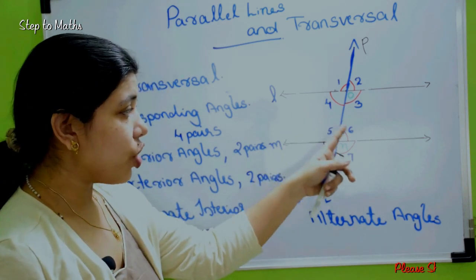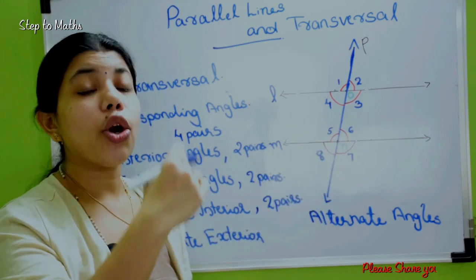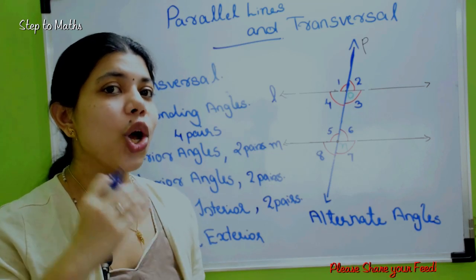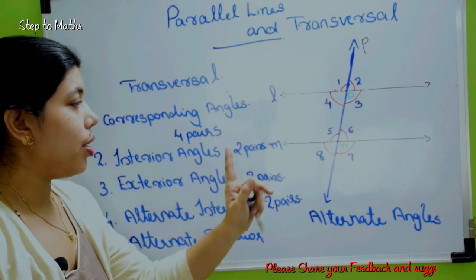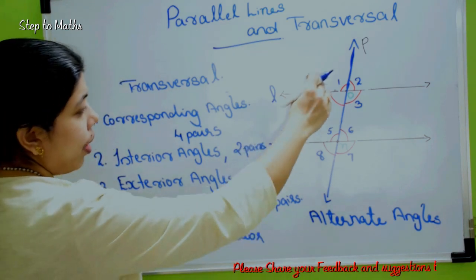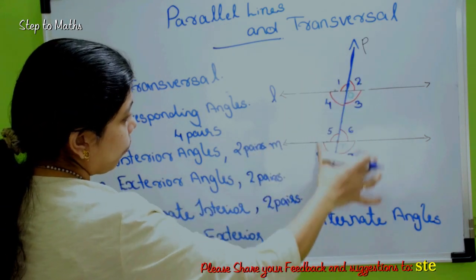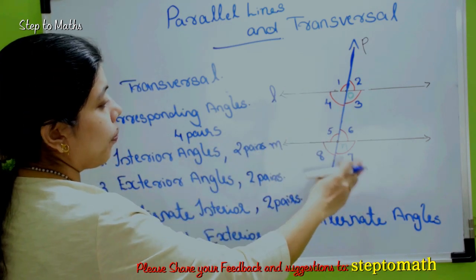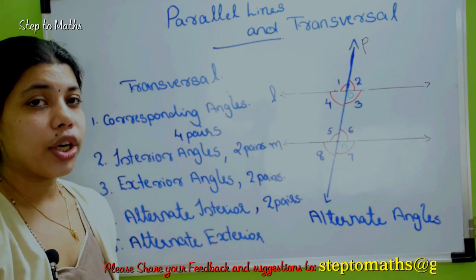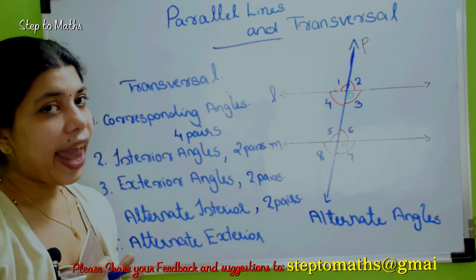If angles are inside and alternate, they are known as alternate interior angles. In the same way, exterior angles on opposite sides of the transversal are known as alternate exterior angles.